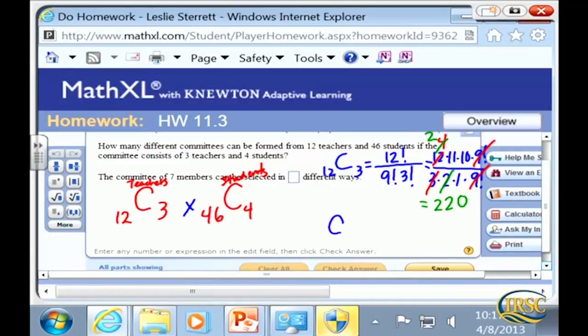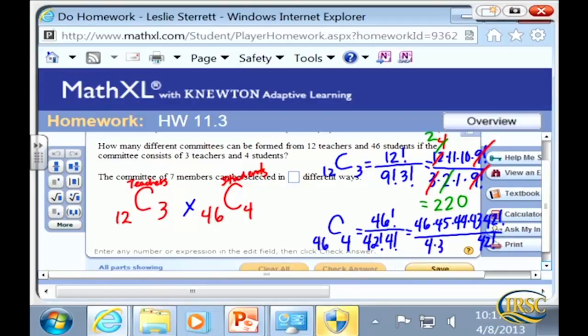Okay, for our other one, we've got 46 choose 4. So 46 factorial up top. What is 46 minus 4? 42. And then 4 factorial. So 46, 45, 44, 43, and then 42 is where we can stop. The 42 factorial on the bottom is there, but expand out the 4 factorial.